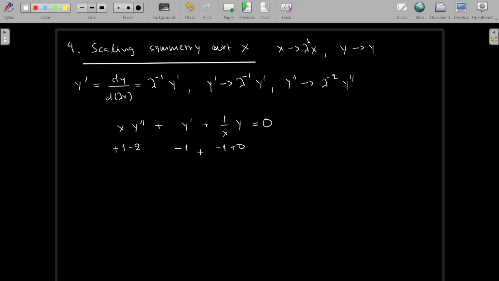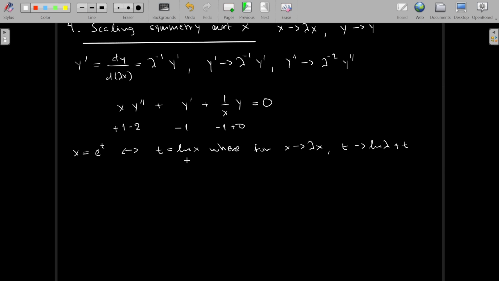So we're going to need a variable change whereby the scaling symmetry becomes a shifting symmetry, and we're going to use x is equal to e to the t, let's say, meaning that t is just ln of x, where for x scaling, then indeed this is shifting, right? And now we can use the shifting symmetry from before.